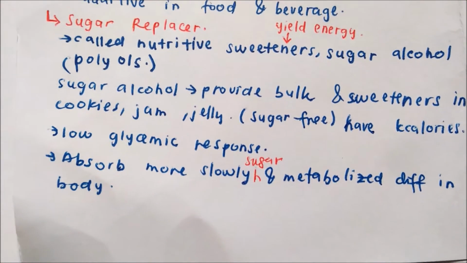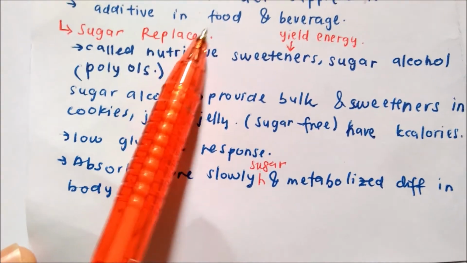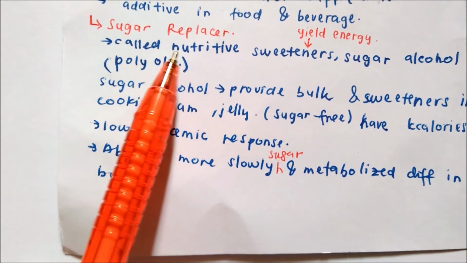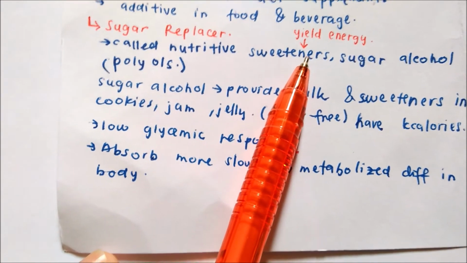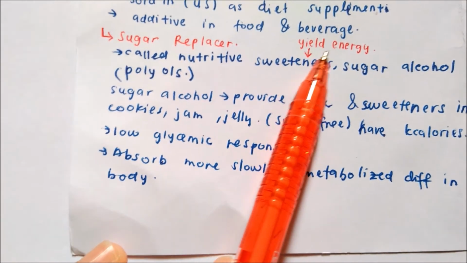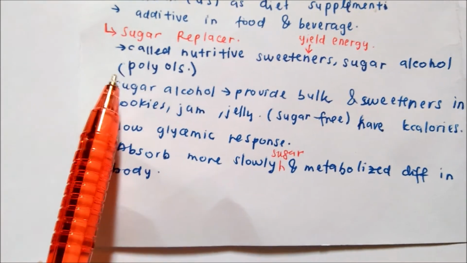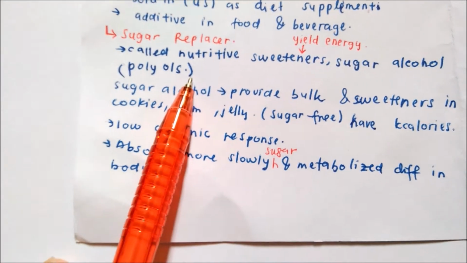Yang ketiga adalah sugar replacer. Sugar replacer ni dia akan dipanggil nutritive sweetener sebab dia yield energy, iaitu sugar alcohol ataupun polyol.